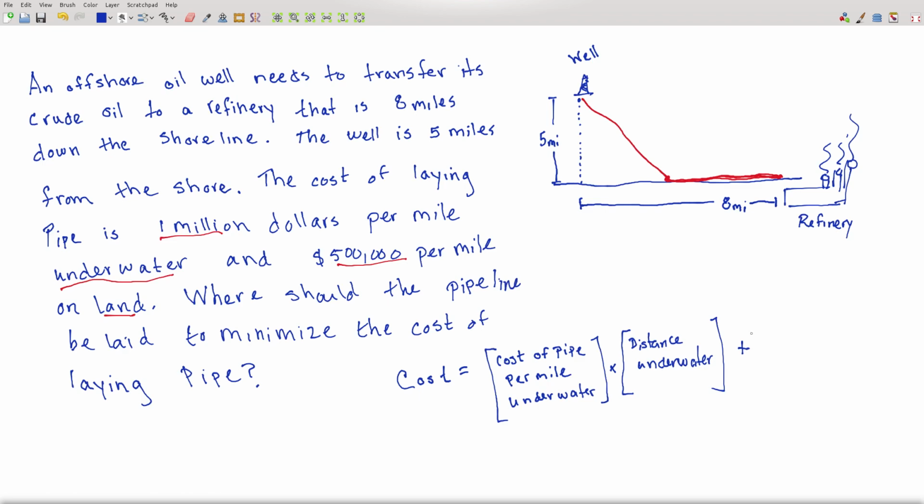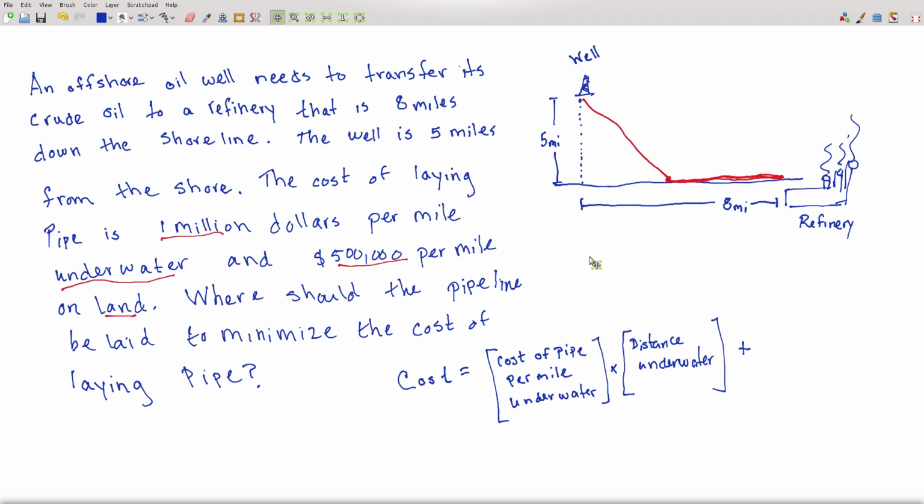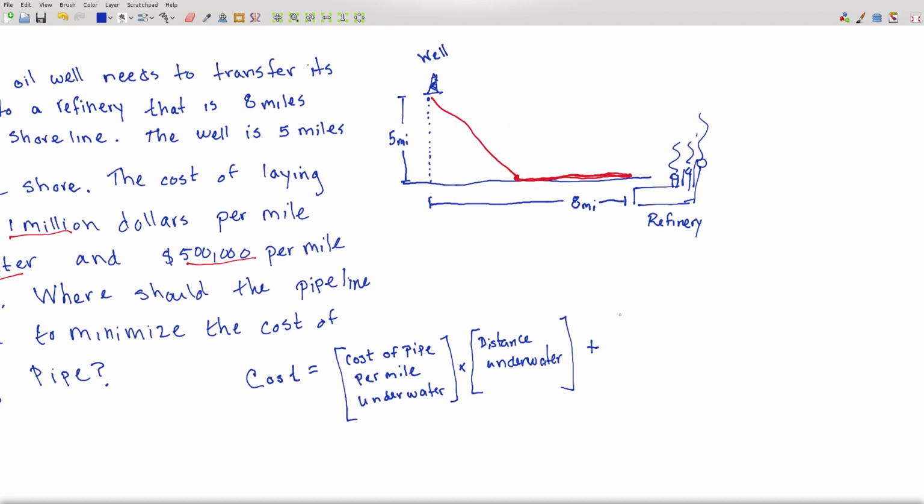The other cost that we're dealing with here is the cost of laying the pipe per mile on ground.